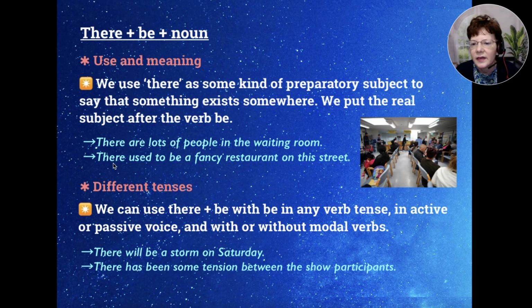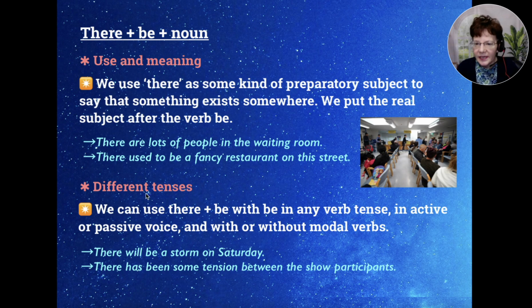And then there used to be a fancy restaurant on this street. So the real subject here after are is people, lots of people, and fancy restaurant after be here, but used to is in the past.